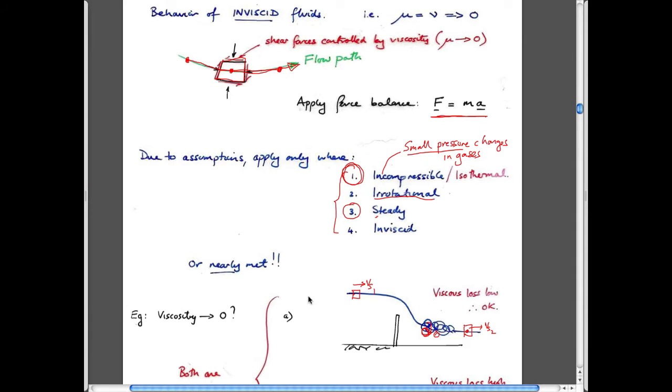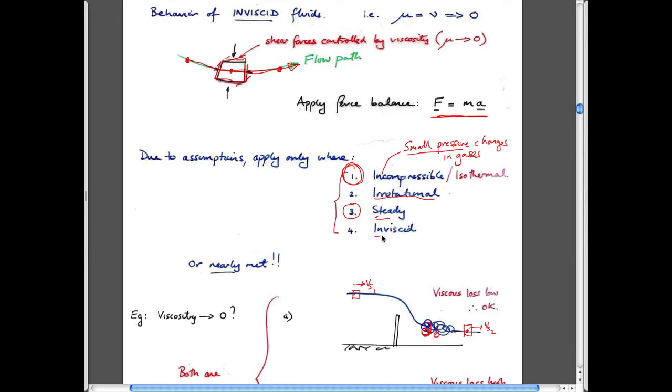So the velocity field isn't changing in time, but it is changing in space, right? The velocity here isn't necessarily the same as the velocity here or here or here. So it can change in space, but if you're looking at it in a static reference frame, then the velocities, the pressures, and the elevation of the free surface will be the same in time at a given point, right? So that's what we mean by steady.